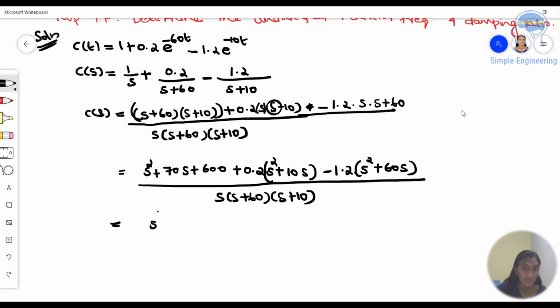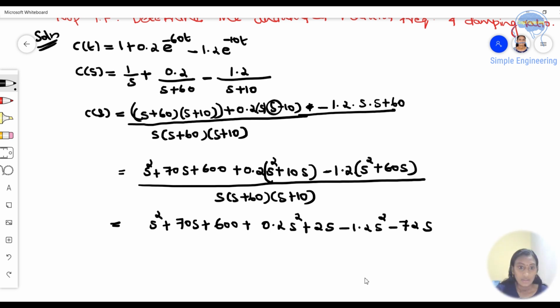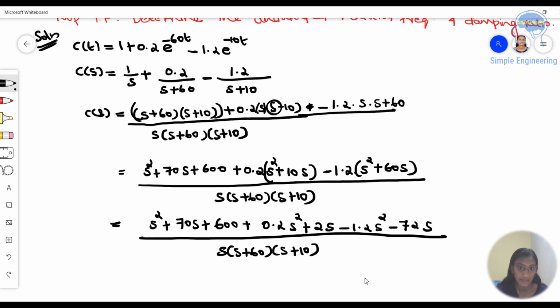So this will be equal to s square plus 70s plus 600 plus 0.2 s square plus 10 into 0.2, that is 2s, minus 1.2 s square minus, positive and negative, that is negative, 60 into 1.2, that is 72s, the whole divided by s into s plus 60 into s plus 10.